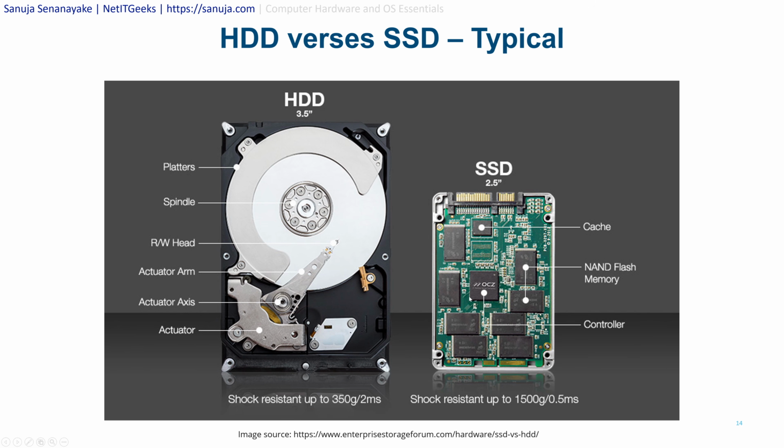Compare that to solid state drives. They have chips. The chips look like these squares, or sometimes the chips can have different designs, but typically it's a square or a rectangle, and they are NAND flash memory. You will have a controller responsible for writing onto these chips accordingly.